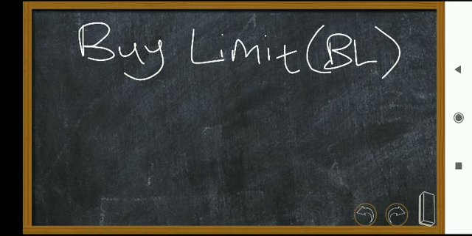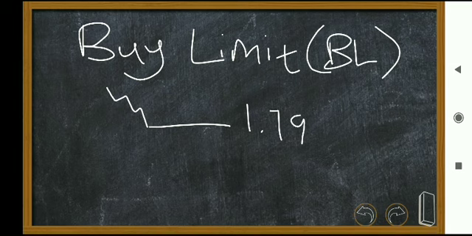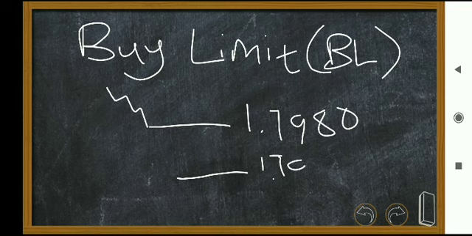So let's see. We have this, 1.7980. So we will set the buy limit around an area here. Let's say 1.7940.